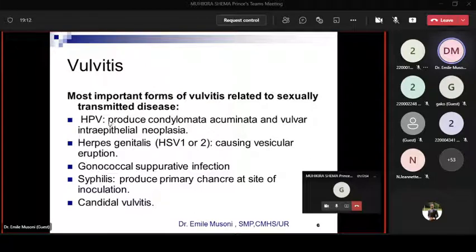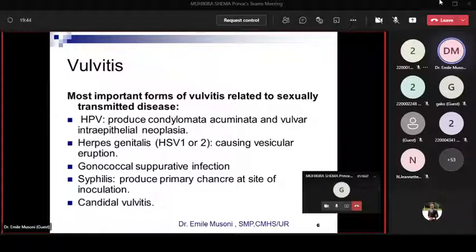So I've seen vulvitis. Vulvitis is caused by some viral or bacterial infection. The most common is HPV, human papillomavirus. And then there is herpes genitalis, types 1 and 2. Then they cause vesicular eruption. There is gonococcal infection, even syphilis, and the fungal infection called Candida.